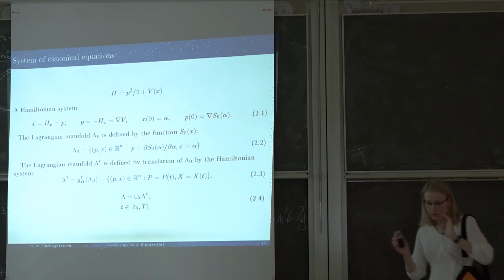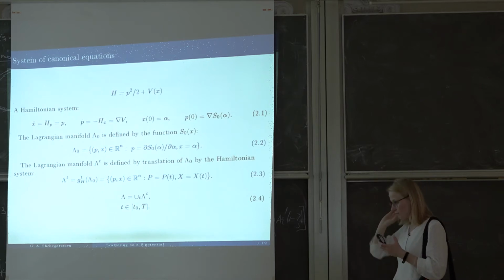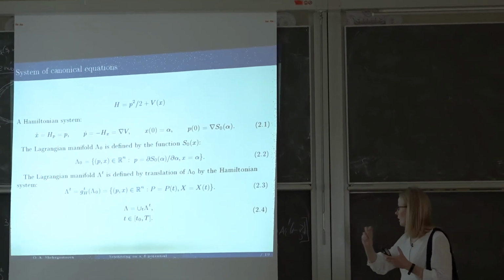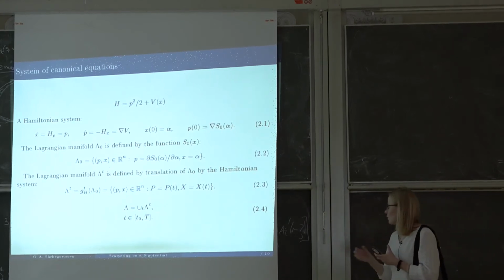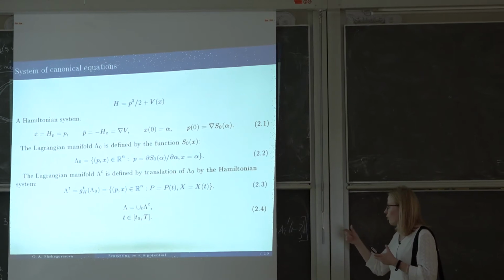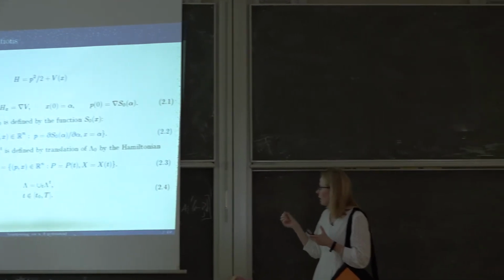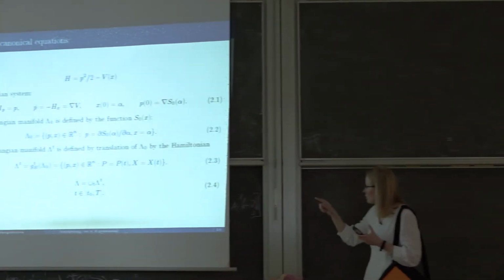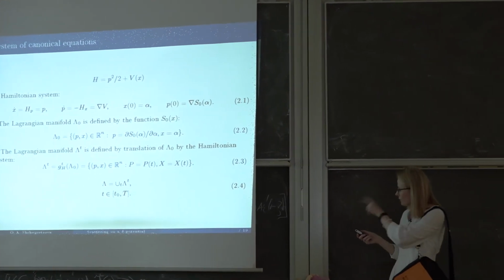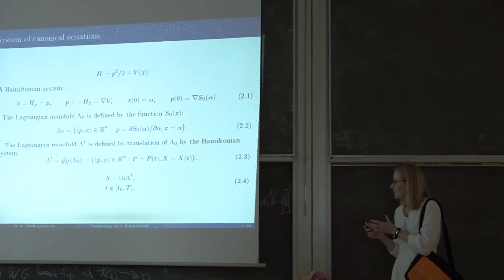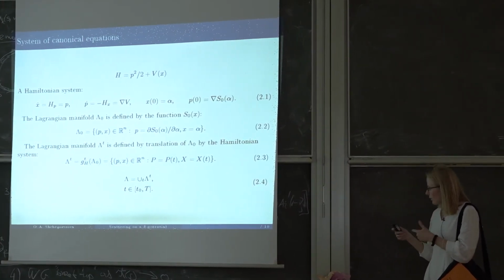Then we can shift this Lagrangian manifold by translation along the trajectories of the Hamilton system. We construct the family of Lagrangian manifolds, which I will denote by lambda. On this Lagrangian manifold lambda, we can write the action, and the action will be a solution of the Hamilton-Jacobi equation.